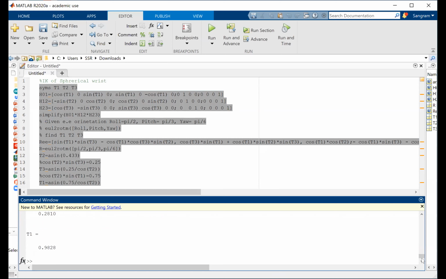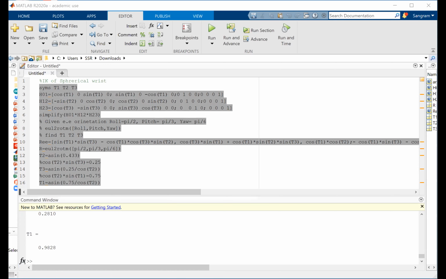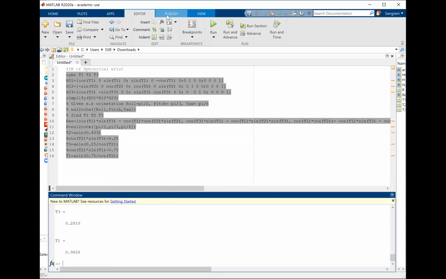That's why I don't use cosd or sind when you substitute in the rotation matrix or in eul2rotm, because I think the eul2rotm command requires the angles to be in radians. Okay, everyone understood this problem? So this is how you would solve the spherical wrist. Do you want me to make the editor a little bit bigger?